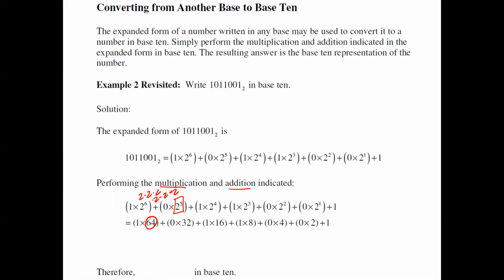Same thing, 2 to the 5th is 32, 2 to the 4th is 16, 2 to the 3rd is 8, etc. Then you multiply it out and add everything together, and your final answer is 89. So this entire thing is equal to 89.